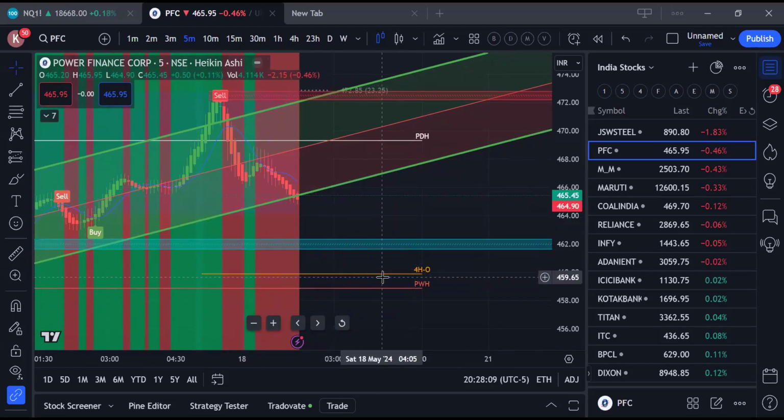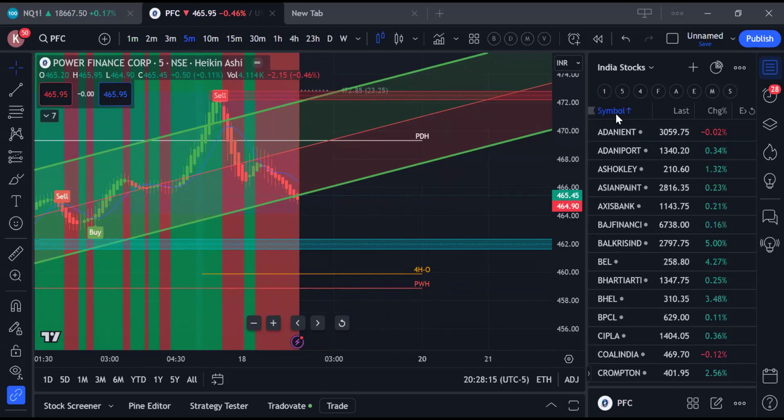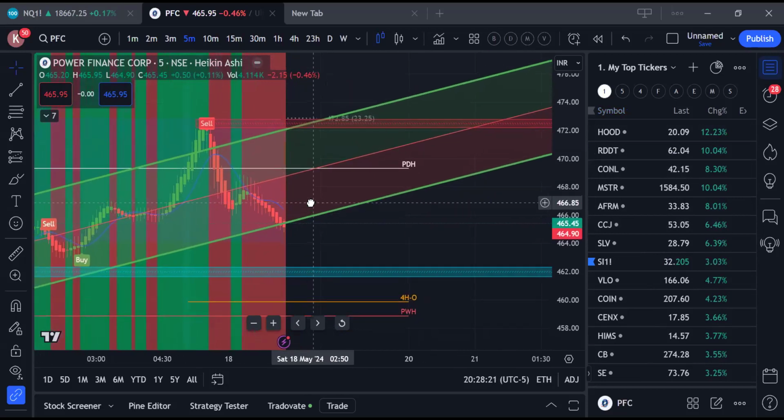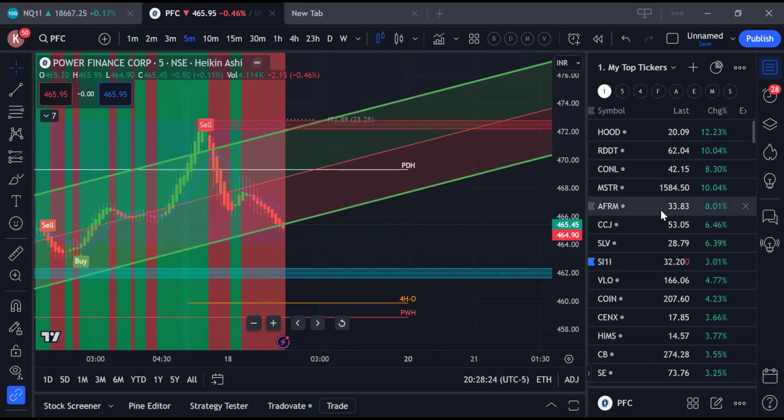It may come all the way till this 4 hour open and then go up. So again, you have unlimited potential. You can use it with India stocks or India options, future stock, cryptocurrencies, everything.